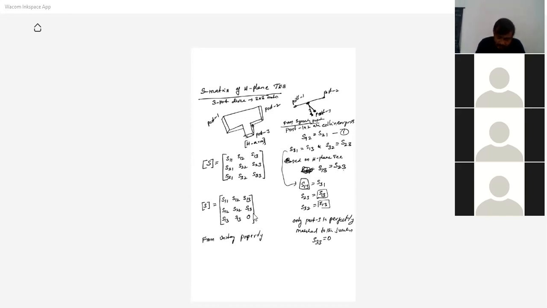S into S conjugate is equal to I. So I am writing this out: the matrix S11, S12, S13; S12, S22, S13; S13, S13, 0, multiplied by its complex conjugate, S11 conjugate, S12 conjugate, S13 conjugate; S12 conjugate, S22 conjugate, S13 conjugate; S13 conjugate, S13 conjugate, 0, is equal to the identity matrix: 1 0 0, 0 1 0, 0 0 1.